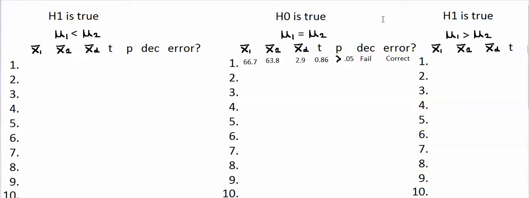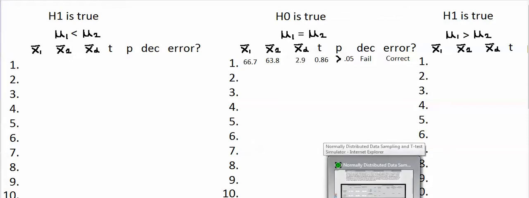And then what I wanted you to do is to imagine that the study that you just did is being repeated. Either you're repeating it or someone else is.